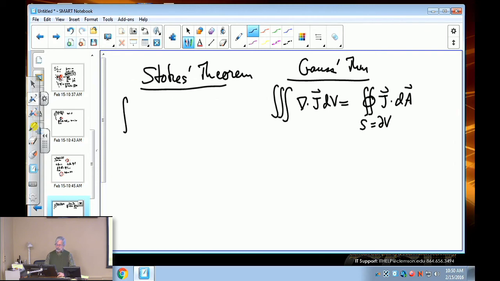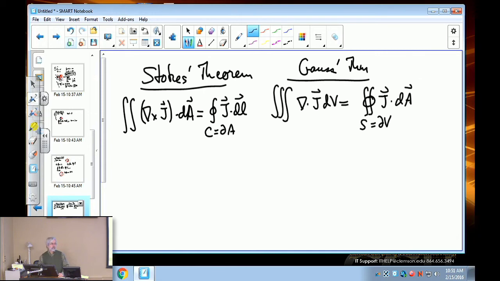Stokes' theorem is that if I integrate the curl of a vector field over an area, this is equal to the circulation of that vector field around the perimeter of that area.